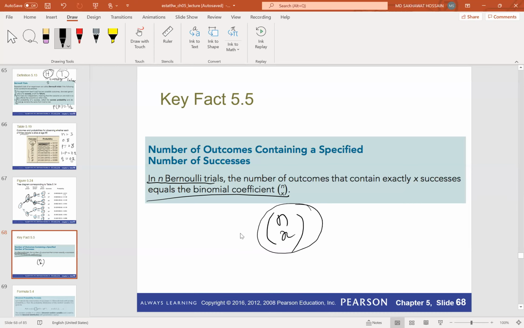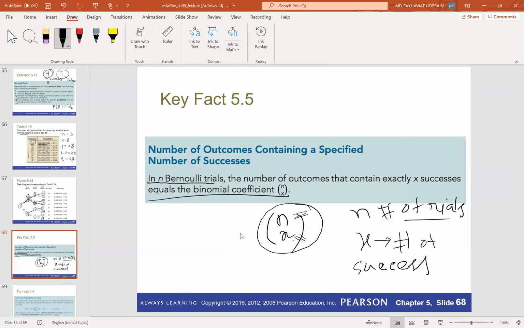So this is called the binomial coefficient, where n is the total number of trials and x is the number of successes we want. For example, if we flip a coin 5 times and we want to calculate the probability of getting head 3 times, that means the number of successes x equals 3 and the number of trials n equals 5.